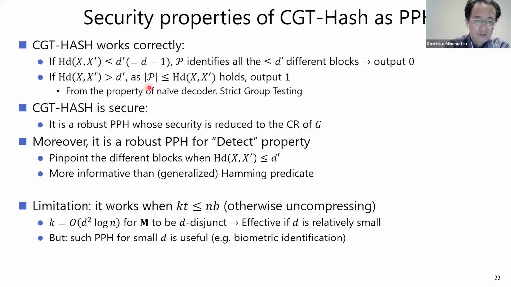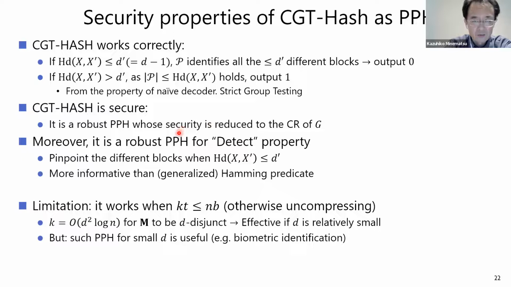Otherwise, because the size of the decoder output P is always at most the Hamming distance of the two inputs, we know this is the other case, so we can safely output 1. This property comes from the naive decoder, and is also called strict group testing in the field of CGT.